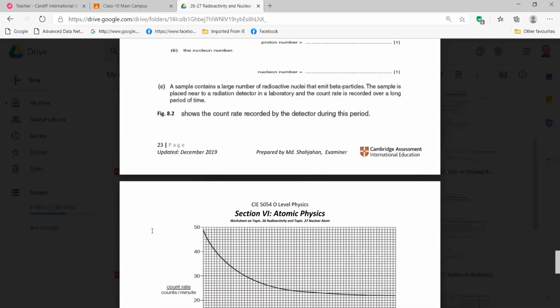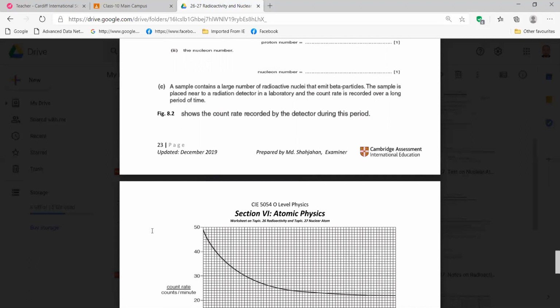A sample contains a large number of radioactive nuclei that emits beta particles. The sample is placed near to a radiation detector in a laboratory, and the count rate is recorded over a long period of time. Figure 8.2 shows the count rate recorded by the detector during this period.